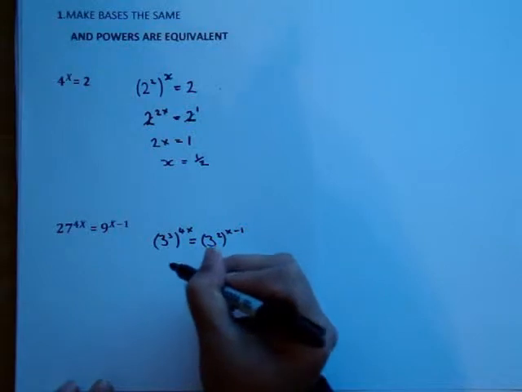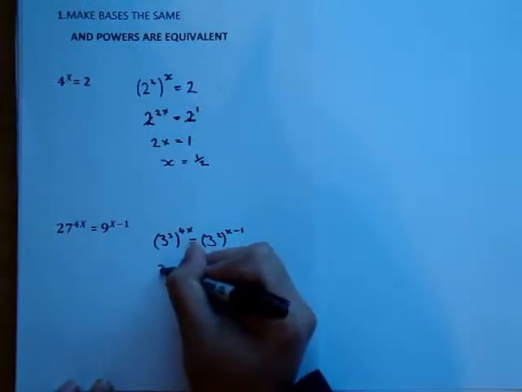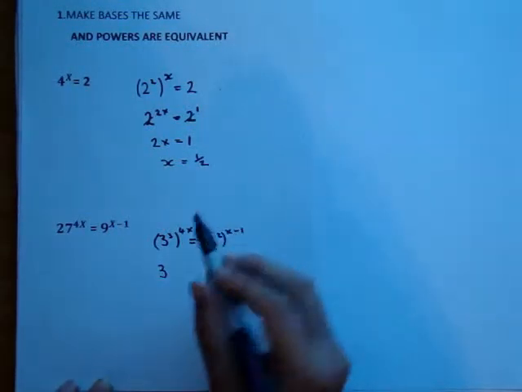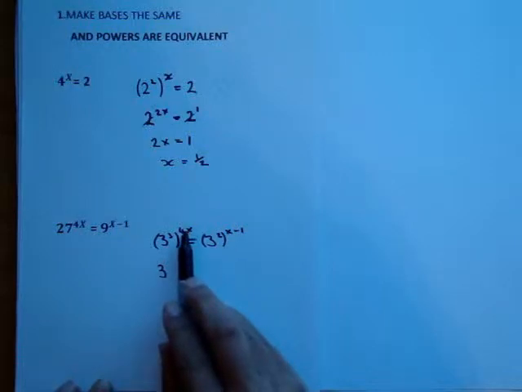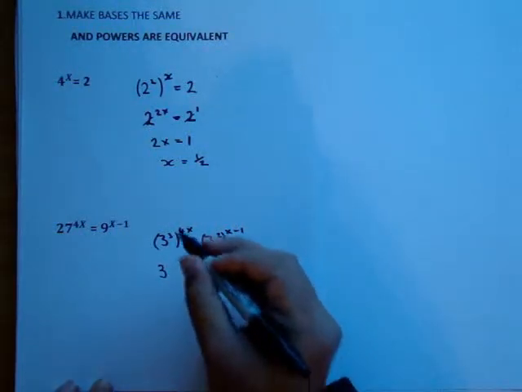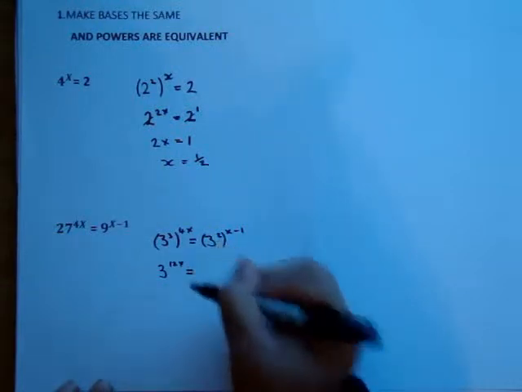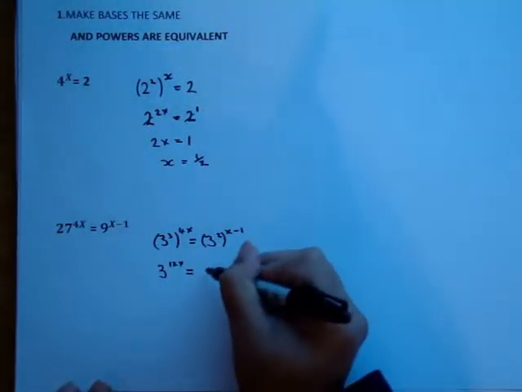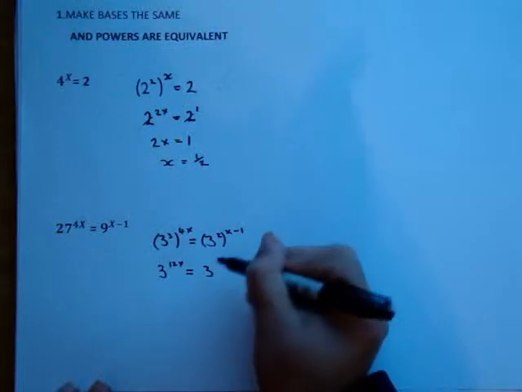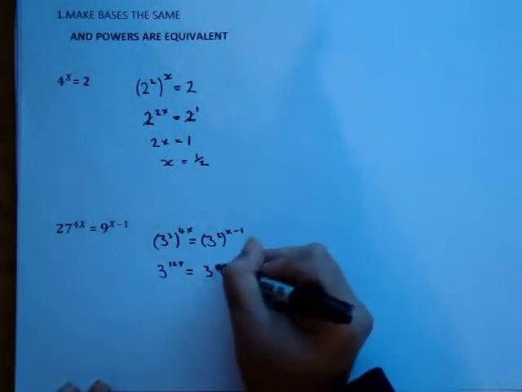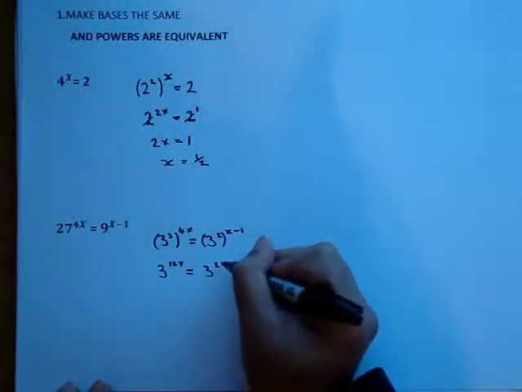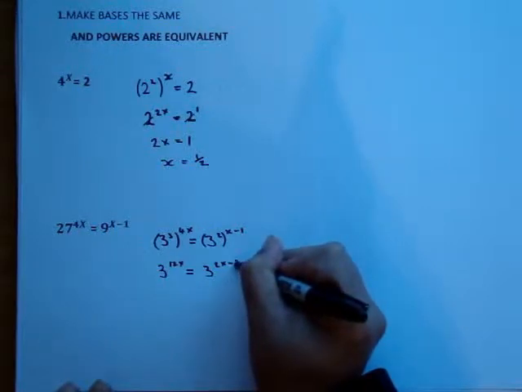So this becomes 3. Laws of exponents, getting rid of the brackets, 3 times 4x is 12x. This equals 3, 2x minus 1 becomes 2x minus 2.